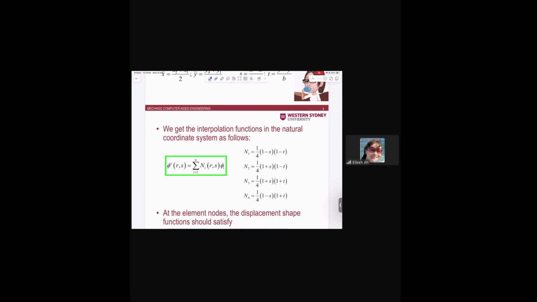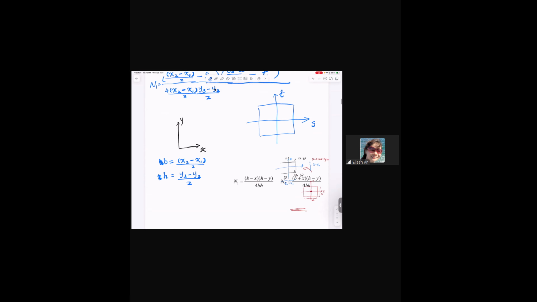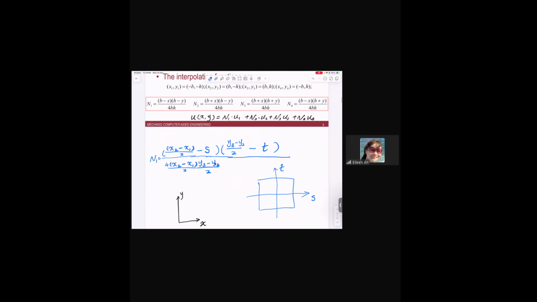And like what we have derived, this is the shape function for a normal rectangular element in the global system. Which one do you want to use? This one, or this one?